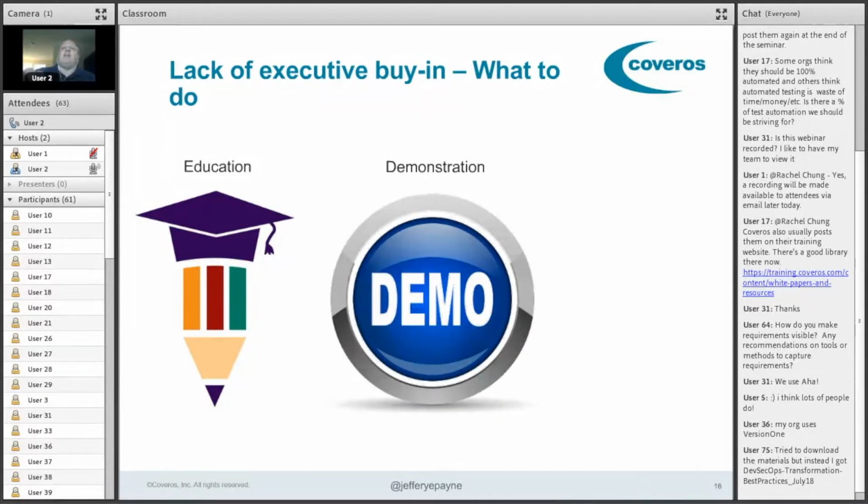Second thing that helps is to demo. When you get going with Agile, and even if you're just doing it in your small team or your small group, at the end of every sprint, you should be demoing progress, tangible progress. What working software was built that you can visualize and see.